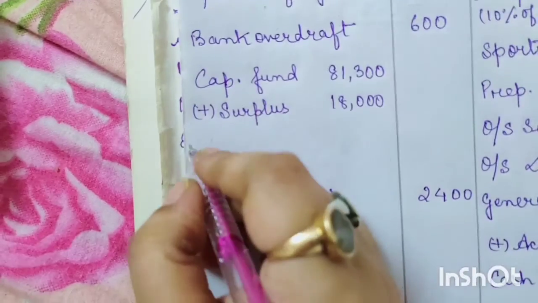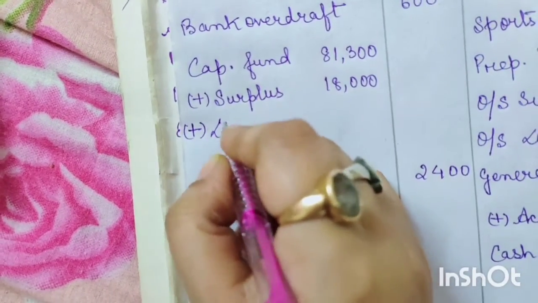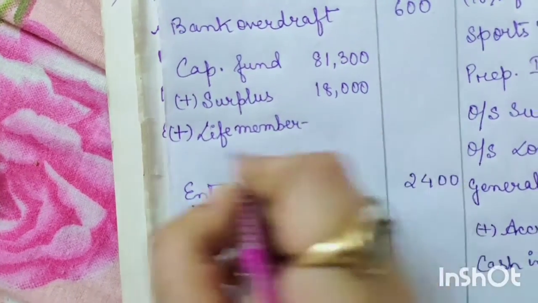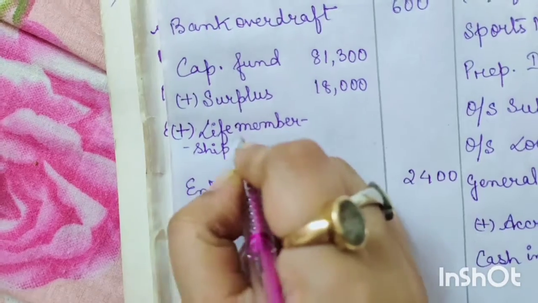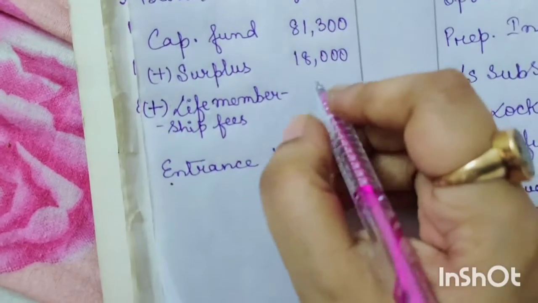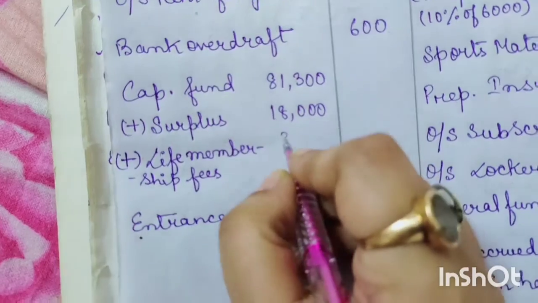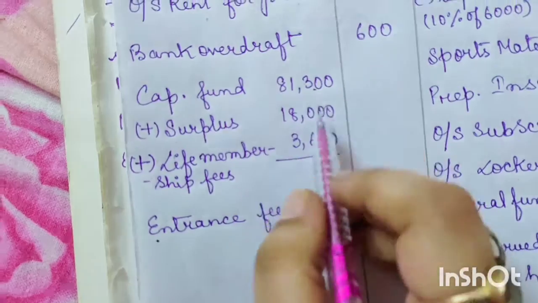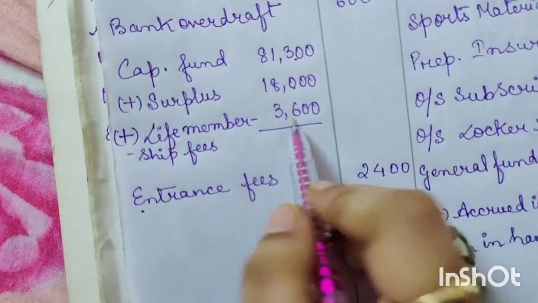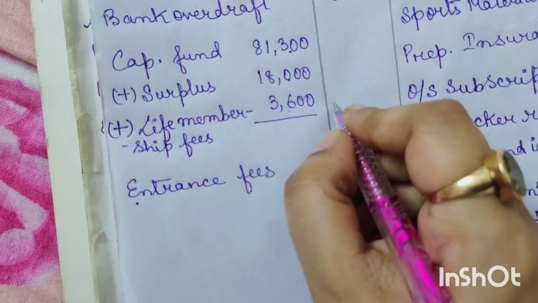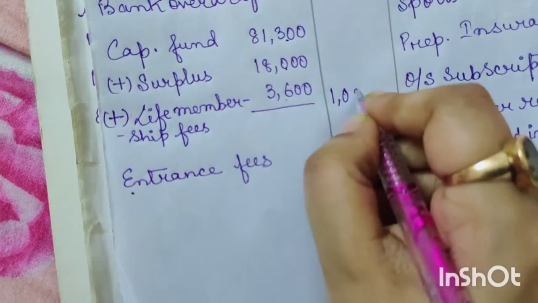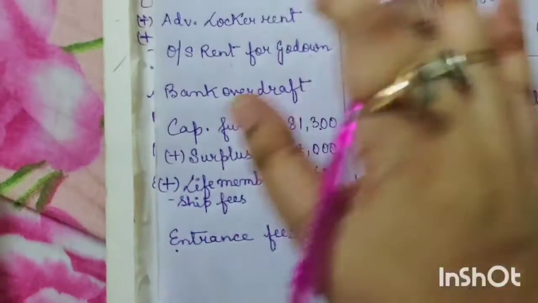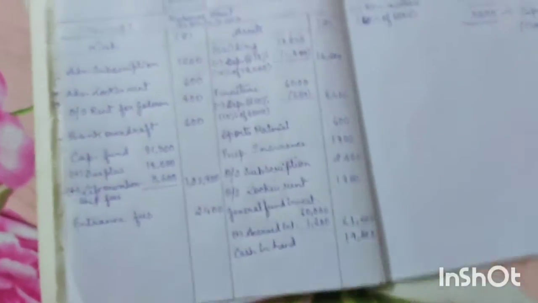Now this 3,600 we will record here. So we will add with the capital fund, life membership fee, total is 3,600. So now we will get an overall total of 81,300 plus 18,000 plus 3,600, which is 1,02,900.